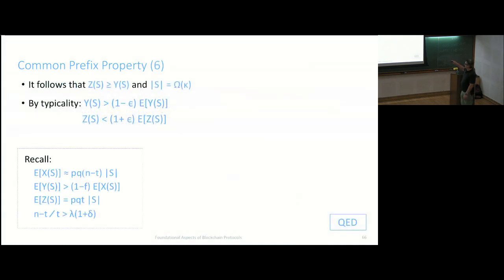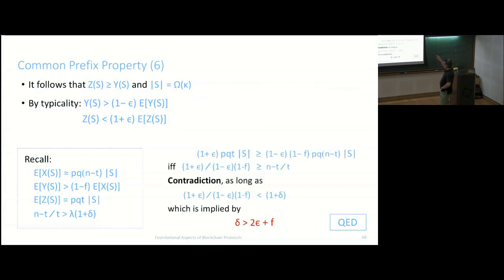You get into a situation like this, we're going by contradiction, right? Then you will get that z is bigger than y, but we know this, and if we plug in this expression, if we develop these expressions, for this to happen, you get this sort of expression, which is a contradiction if we assume the following.